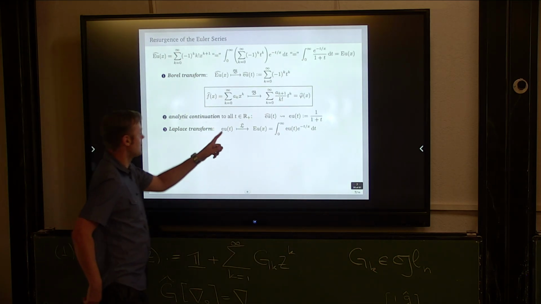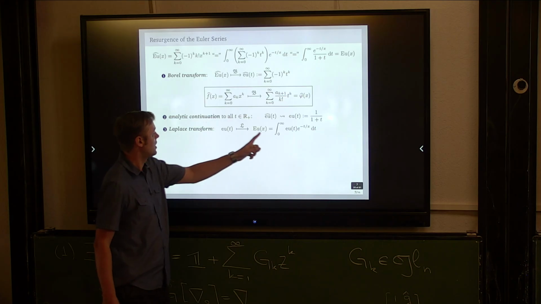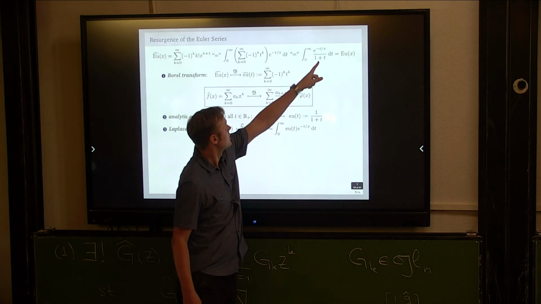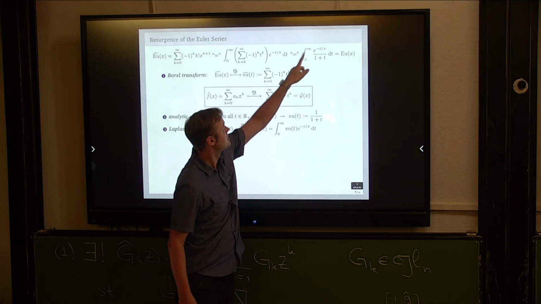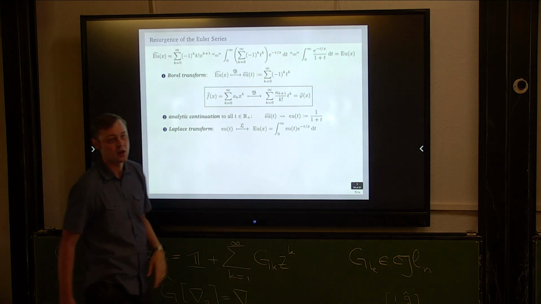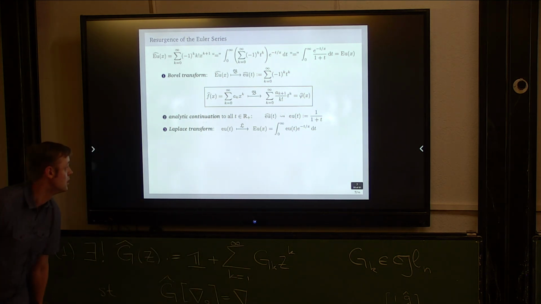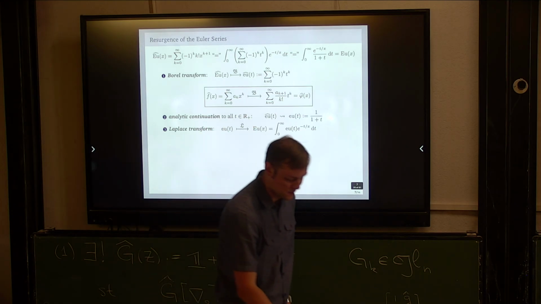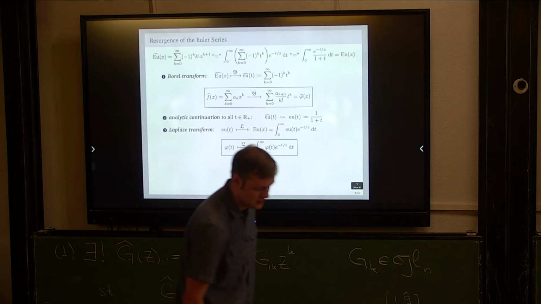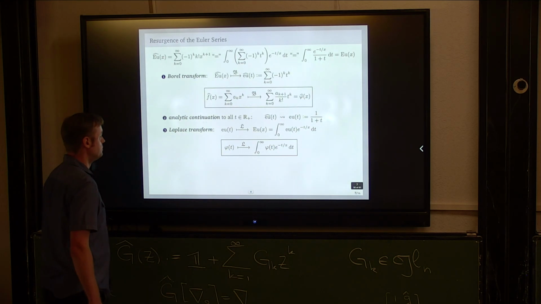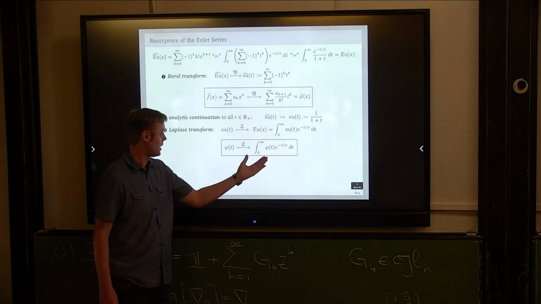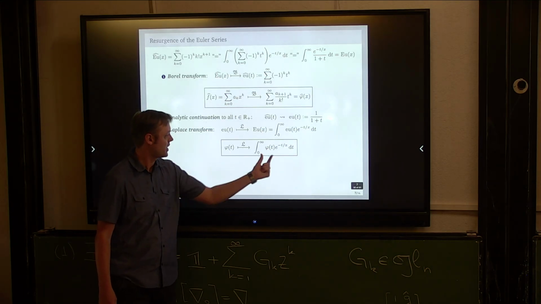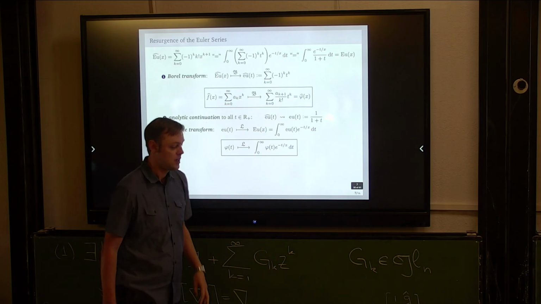And then once we've done that, the third step is that we apply to this analytic function this improper integral, which is just the Laplace transform. So again, the formula is you just take phi and Laplace transform it.